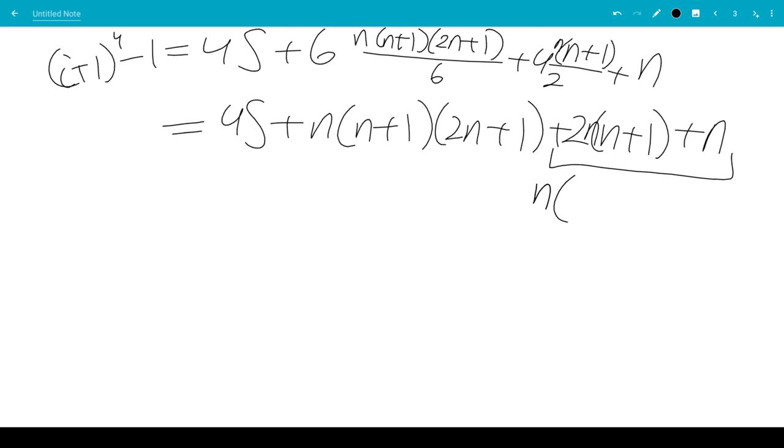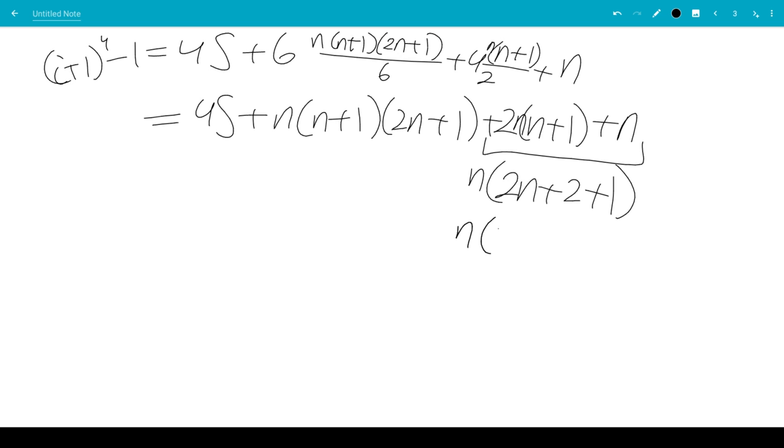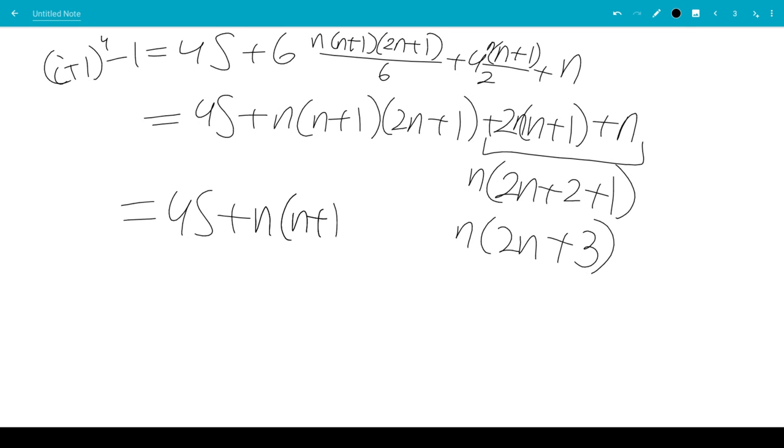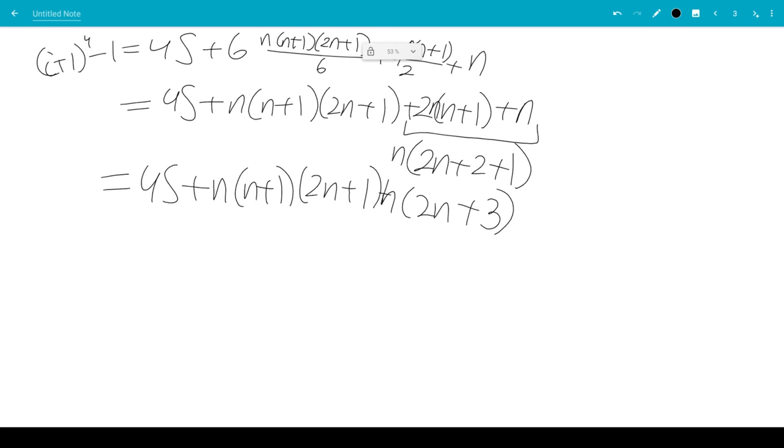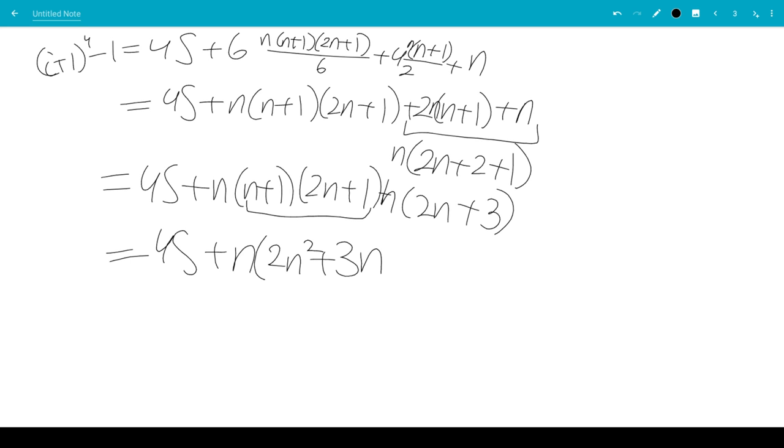This will be (n+1)(2n+2), plus another term, so this will be n(2n+3)... So I think we should factor out n, so we're going to expand this out, so this will be 2n squared plus 3n, so that'll be 2n(n+1), and then we're going to have 2n plus 3.